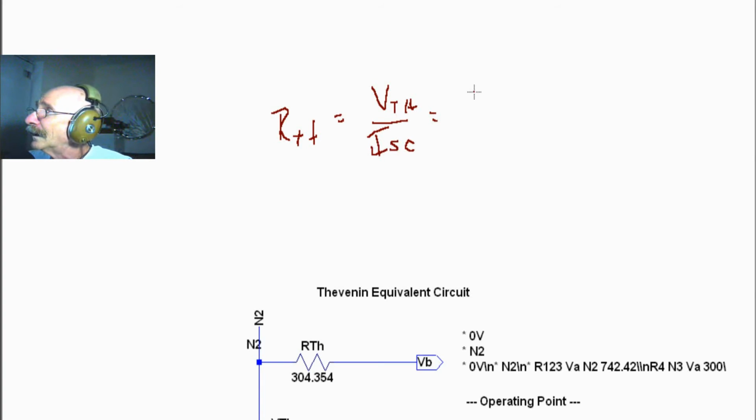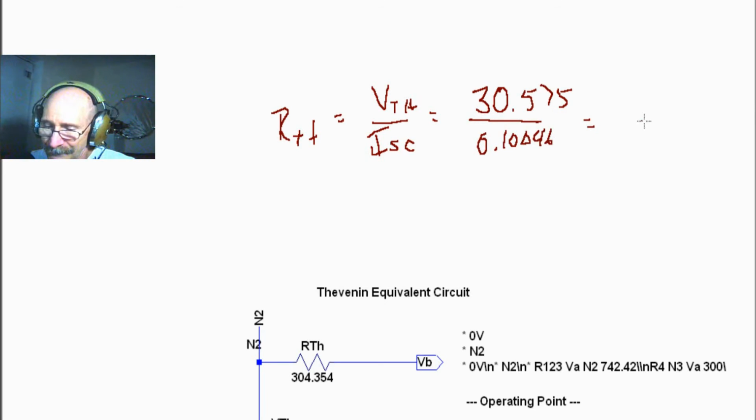We've already determined V Thevenin is equal to 30.575, and ISC is equal to 0.10046, and that comes out to 304.354 ohms. So now we have the R Thevenin, RTH, and we have the V Thevenin.